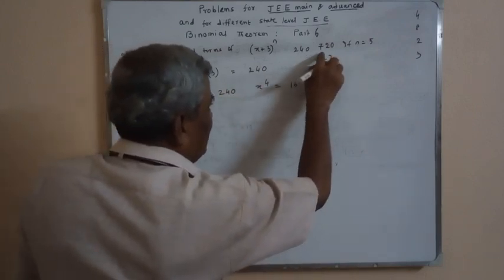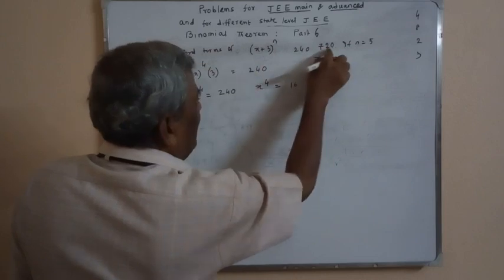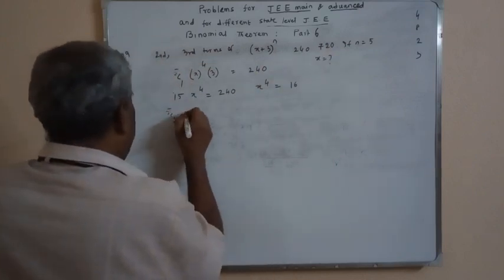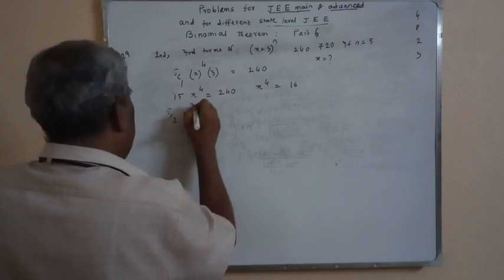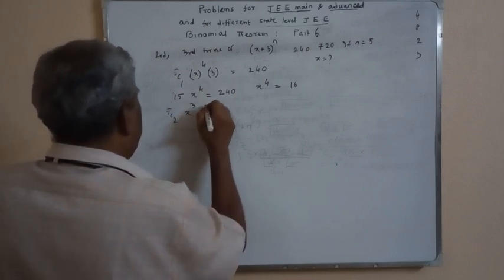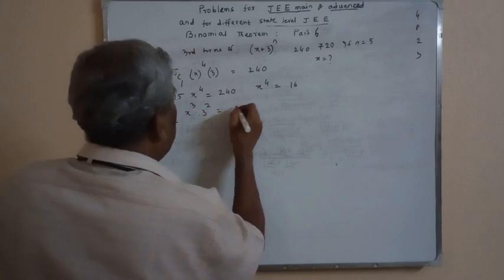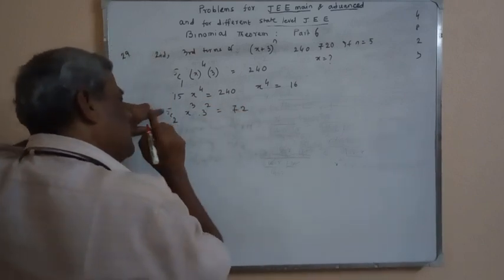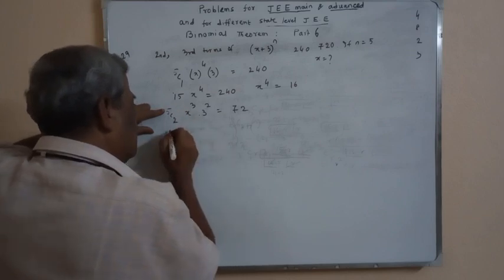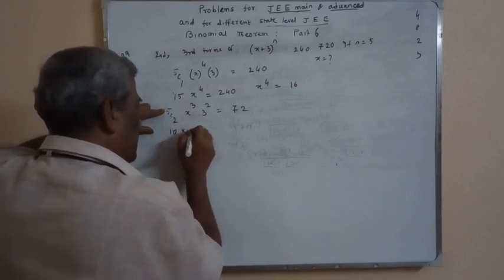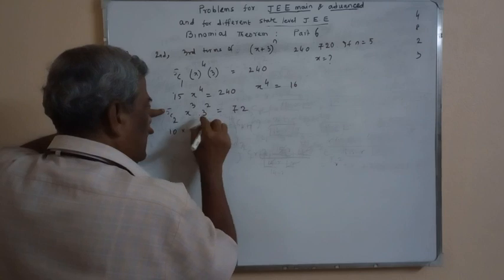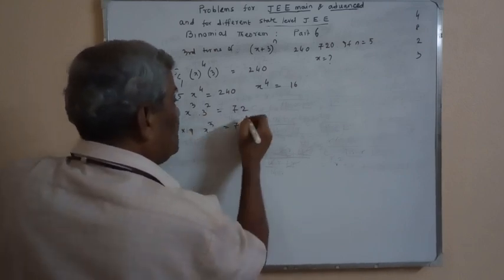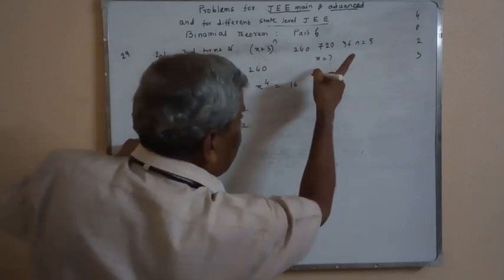But given that the third term is this, the third term is 5C2 x to the power 3 into 3 square is equal to 720. 5C2 is 5 into 4 divided by 2, that is 10, into 9 into x cube, is equal to 720.